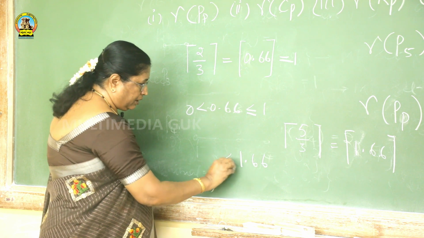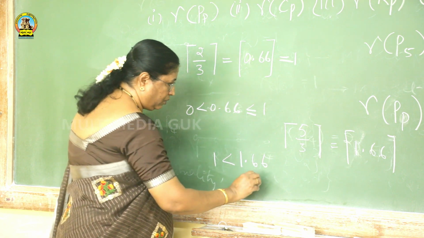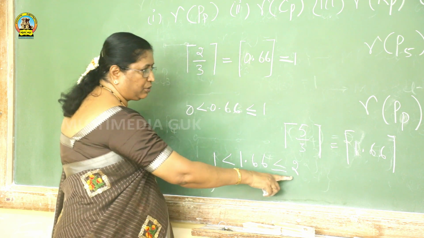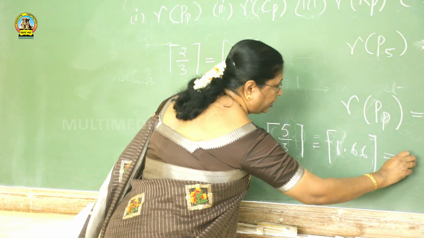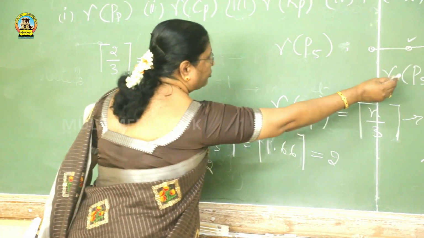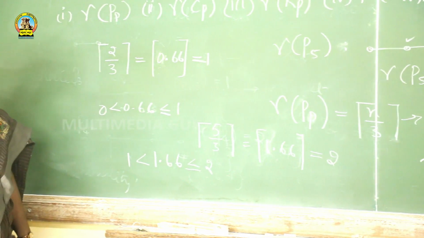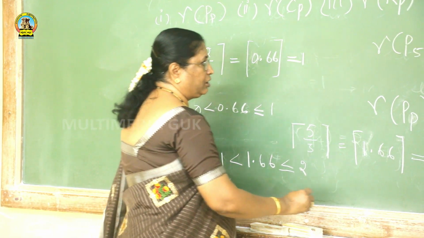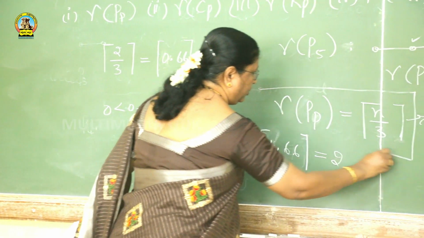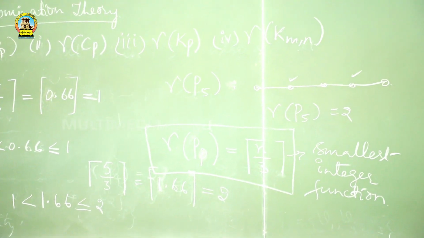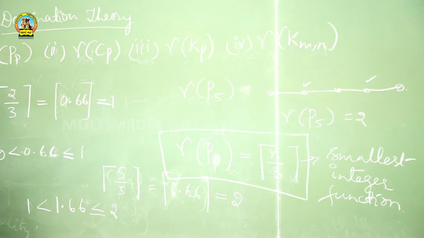It is between 1 and 2. And here the upper value is 2, so therefore the value you should take is 2. So the domination number of P5 is equal to 2. So this is the generalized value for the domination number of any path of length n.